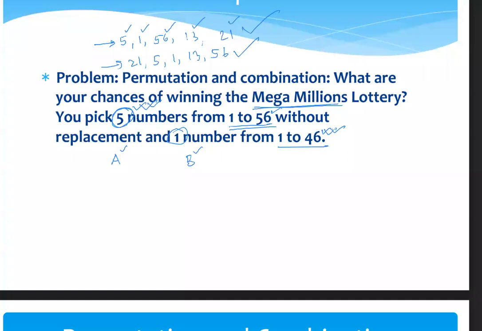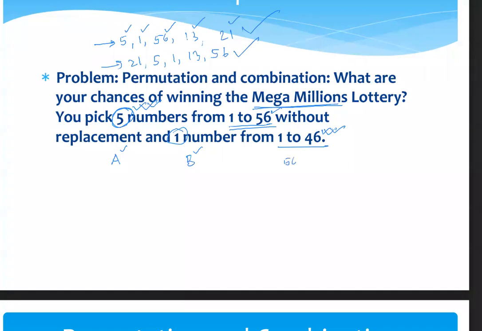The answer is no. So the answer comes down to this: order does not matter in lottery. Absolutely not. It doesn't matter in which order you select 5 numbers from those 56 different numbers. So order does not matter. So you'll be doing combination.